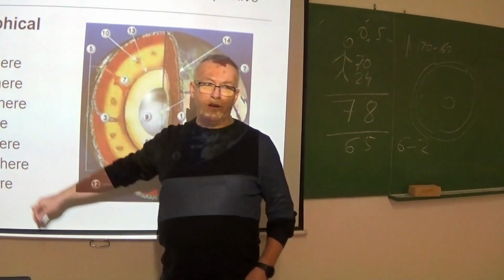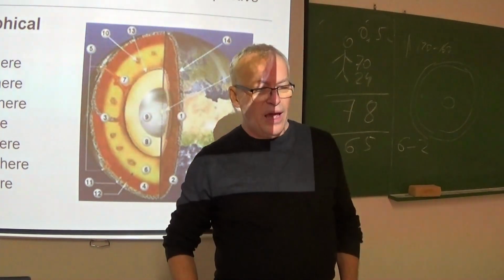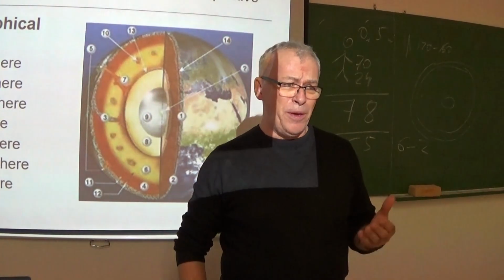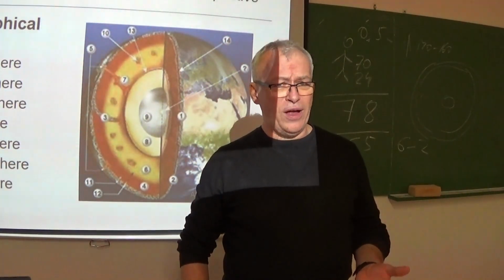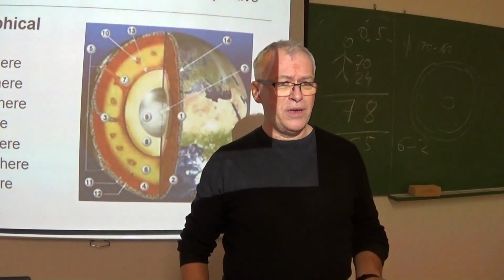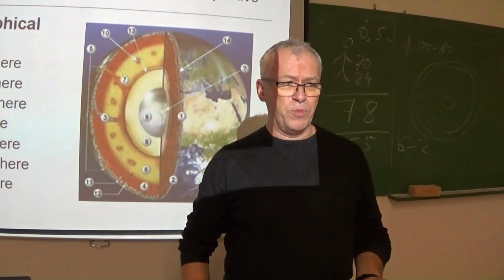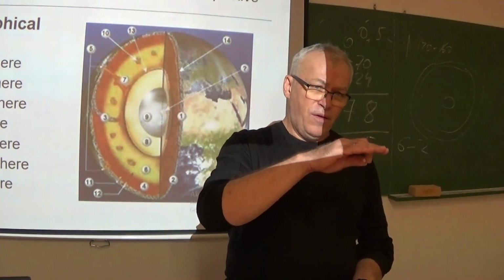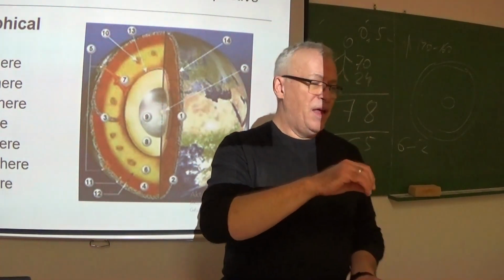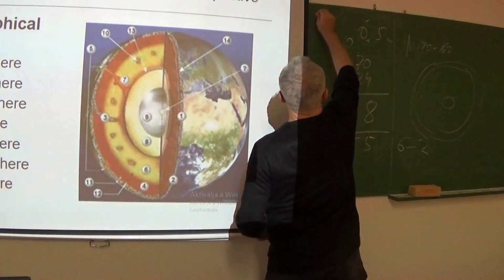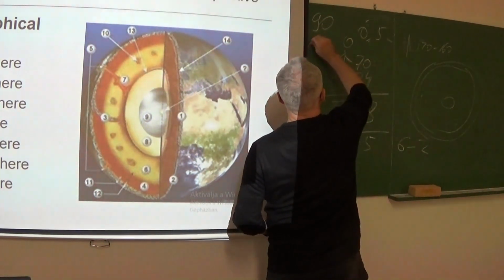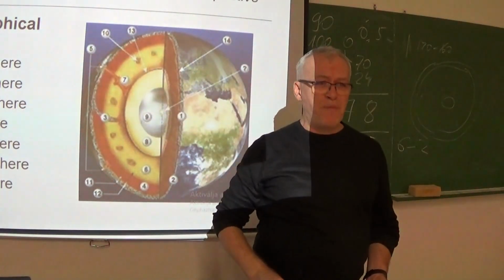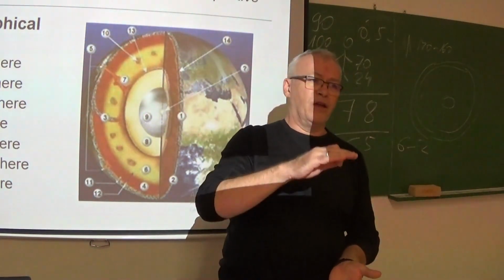Atmosphere, it's very interesting, because we are living in the deep part of the atmosphere, because the majority of the atmosphere is located under 30 kilometers. 90% of gases and 100% of water vapor are under 30 kilometers.